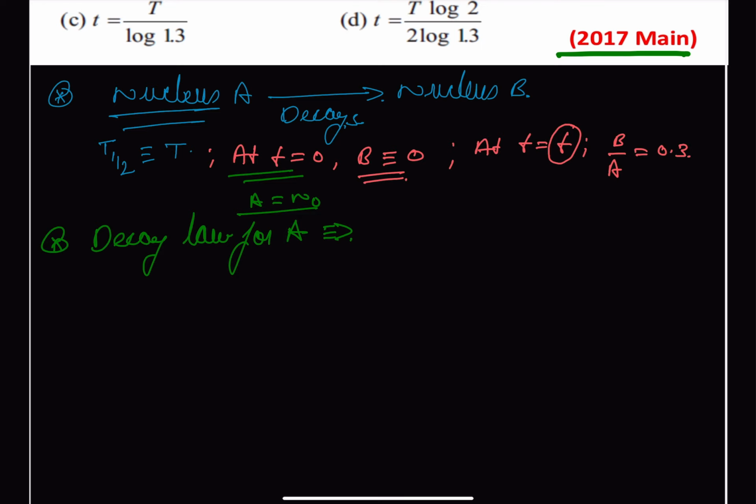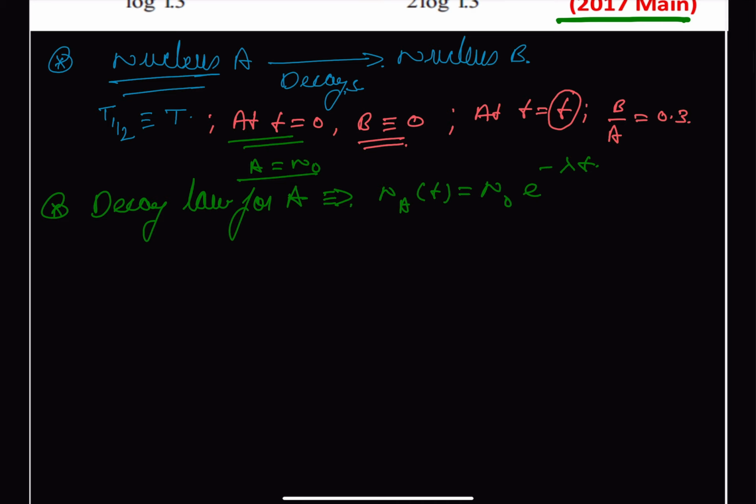Therefore at a certain time t, we can write N_A(t) is equal to N0 e raised to power minus lambda times t, and lambda we already know is our decay constant, and its value is equal to natural log of 2 divided by the half-life, that is given as capital T. And here this N_A(t) is the number of nuclei that are left after time t.